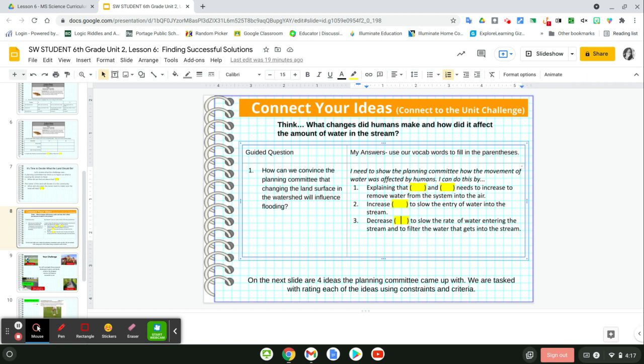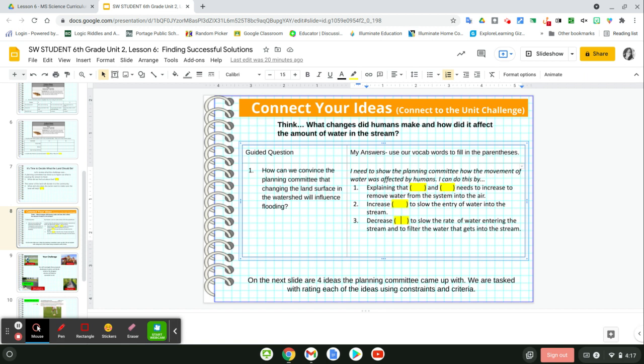One of the vocab terms, okay, to slow the rate of water into the stream and then filter the water that gets into the stream. Okay, so we want to decrease this one. We want to increase something about water moving to the stream because it's a slower pathway. We want to decrease how the water gets to the stream because in this situation, it would be a faster pathway.